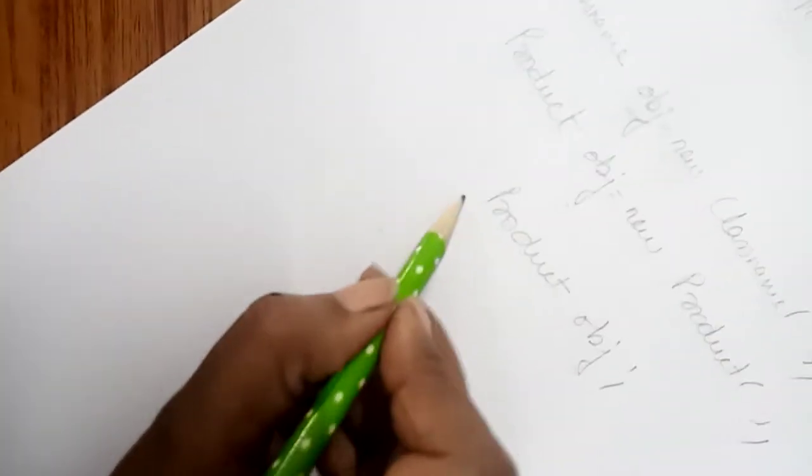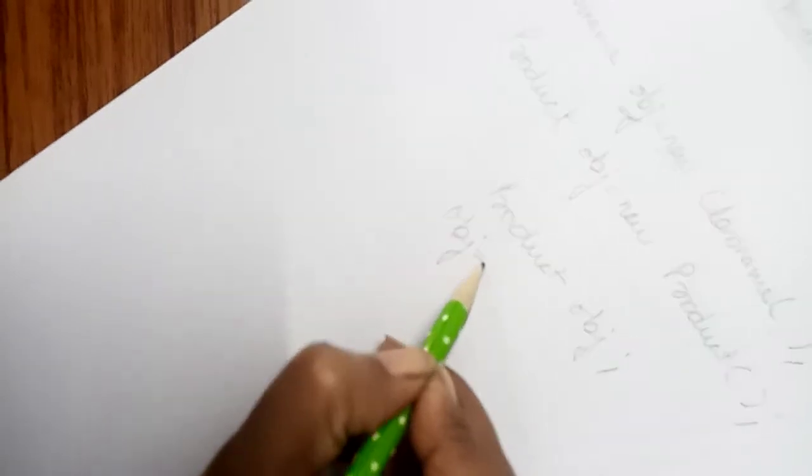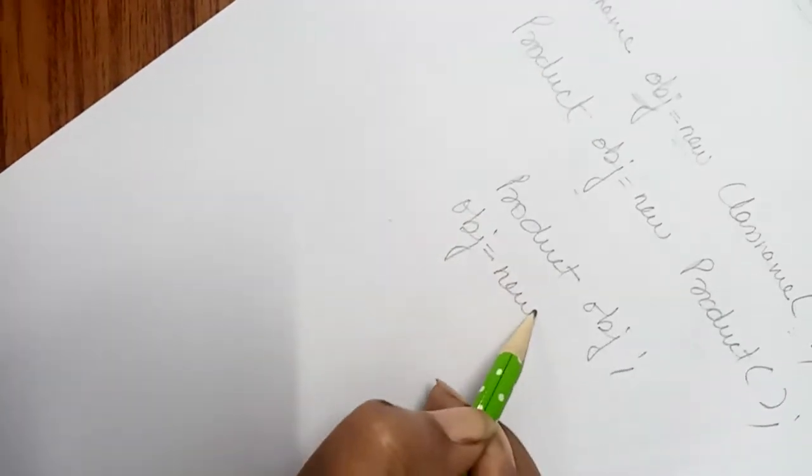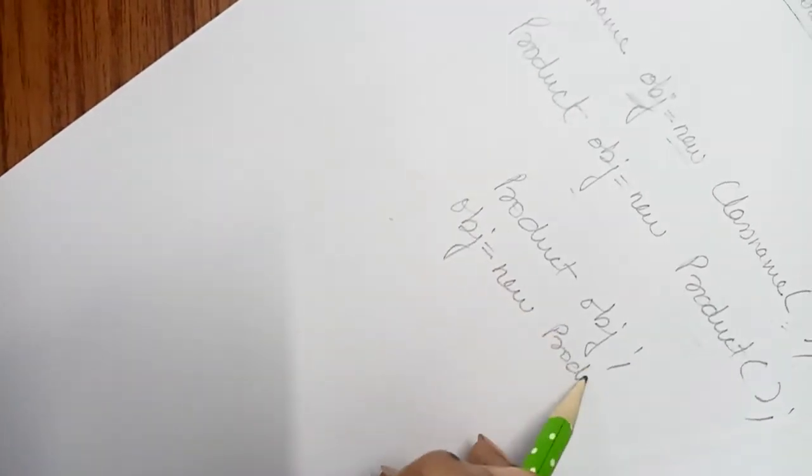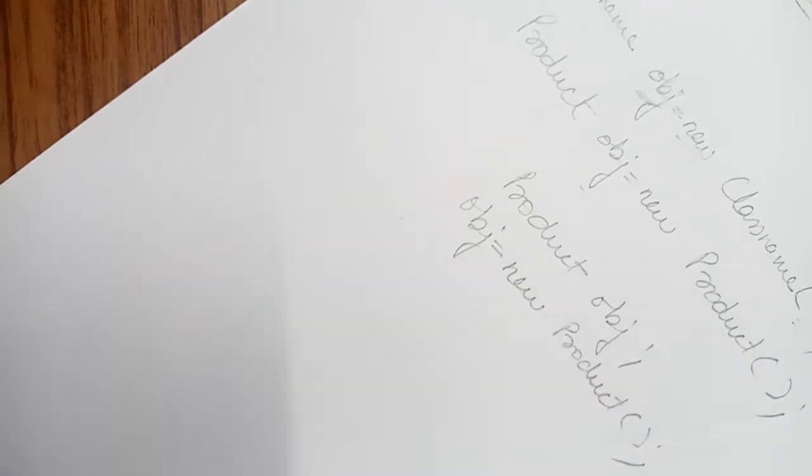So you can create an object of a class like this by this statement. You can break this statement into two statements also: product obj, then obj equals to new product.